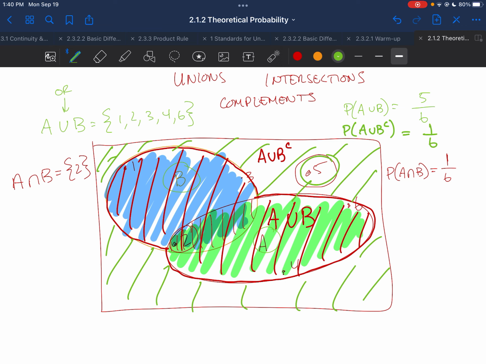Notice when I add the original and the complement together, I get 6 out of 6, which is 1. Anytime I add the probability of an event happening with the probability of its complement, I'm going to end up with 1 as an answer.